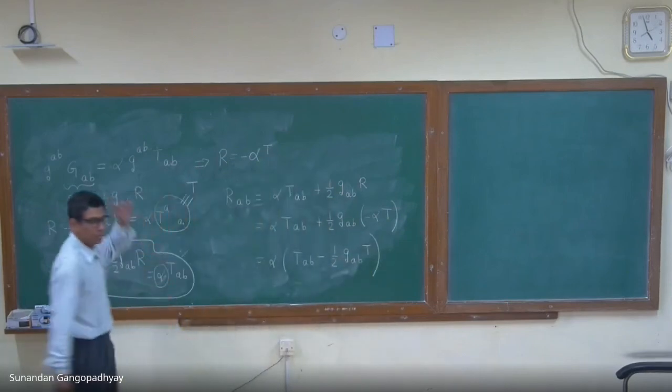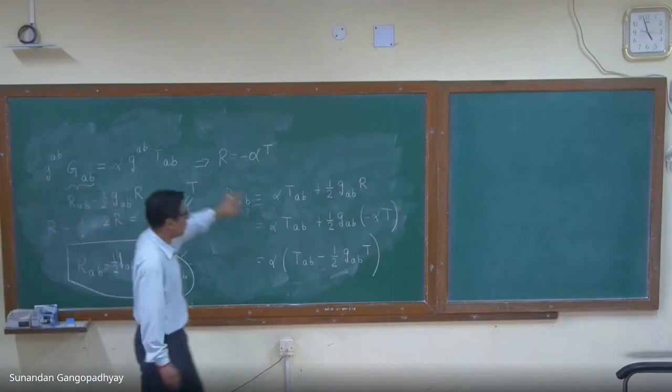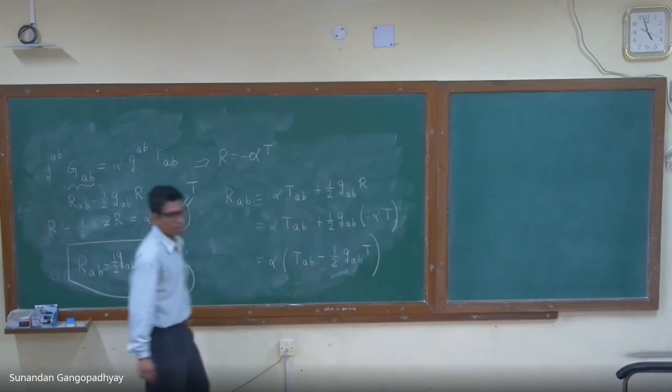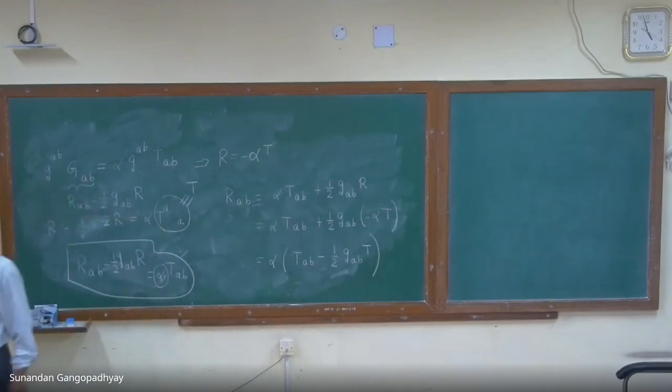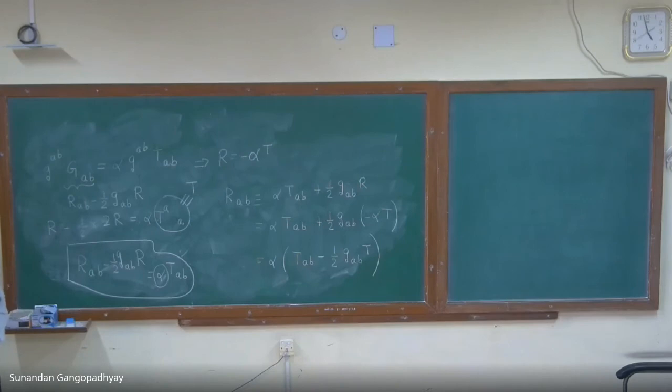You can write this equation in this way also. So you have replaced R by this. T is the trace of this stress energy momentum tensor, or this stress tensor. T_AB is associated with matter particles and fields, but it does not include gravity. All matter fields excluding gravity.